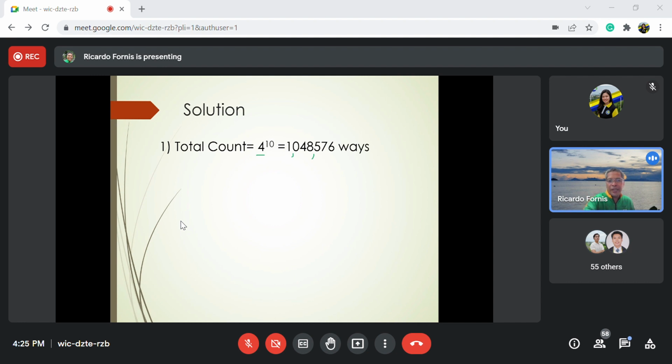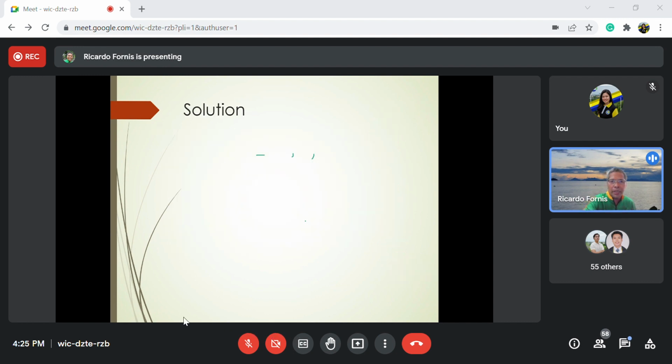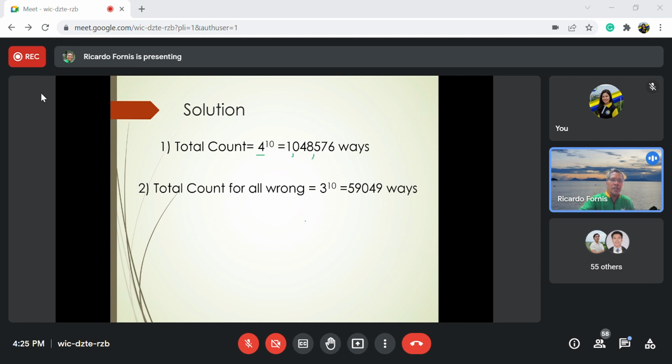I think that's clear. Let's go to the second question. The second question: in how many ways can a student check off one answer to each question and get all the answers wrong? Since only one answer is correct, it means that for every number, there are only 3 wrong answers.